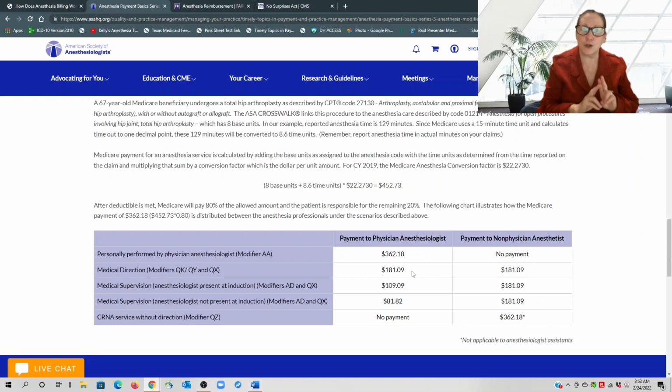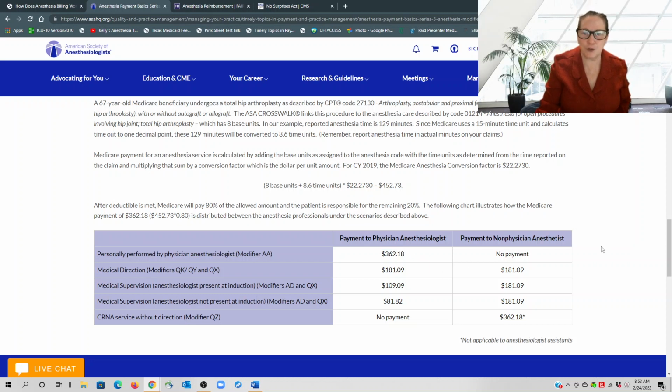If there are 2 people involved, it should be revenue neutral, meaning they'll pay a 50-50 split, 50 to the physician, 50 to the CRNA, but together that will equal what they would have paid one person.